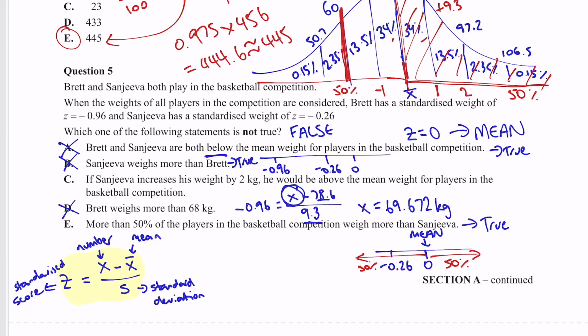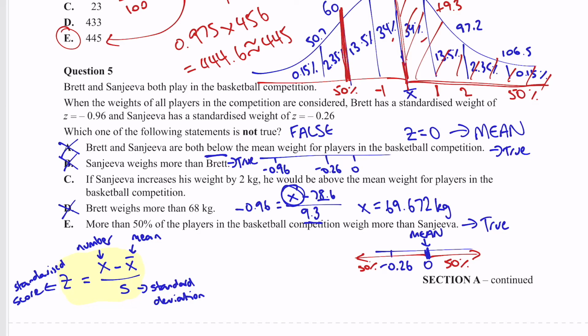And then last thing, E: more than 50% of the players in the basketball competition weigh more than Sanjeeva. So this is true because if we think about it, Sanjeeva's Z score is negative 0.26, for example. So this is negative, so as we said before, Z equal to 0 is halfway here, the mean.